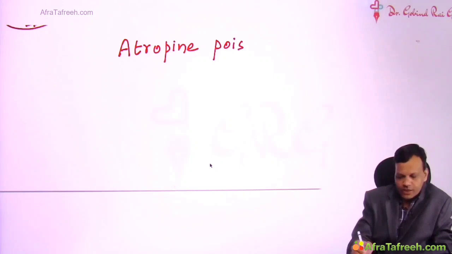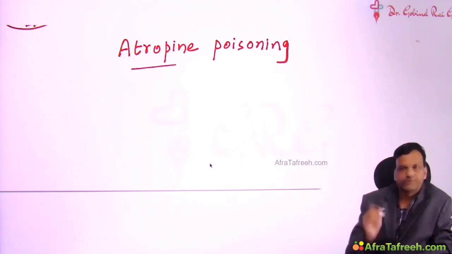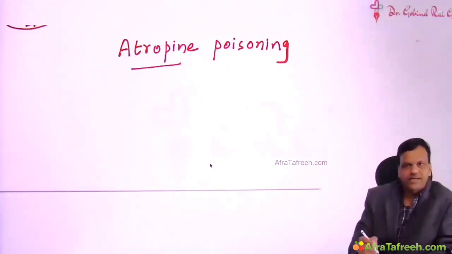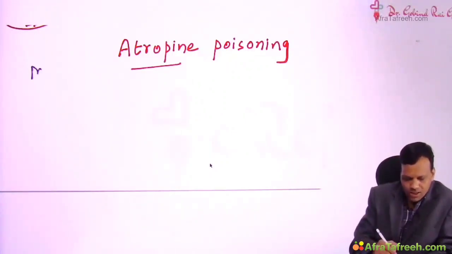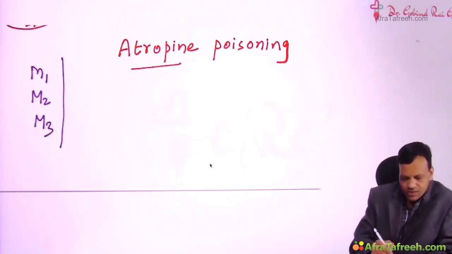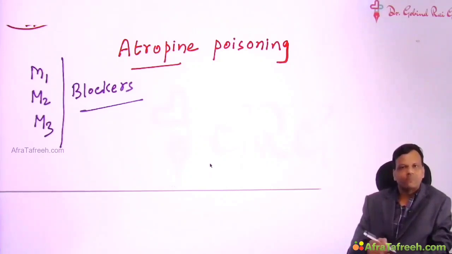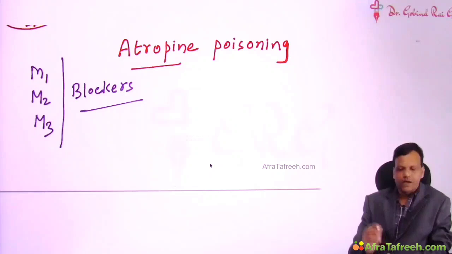Now, first of all, we need to understand what atropine is. Atropine is an antagonist of muscarinic receptors. It blocks all the muscarinic receptors, M1, M2, M3, all of them. Remember, it blocks only muscarinic receptors, it does not block nicotinic receptors.